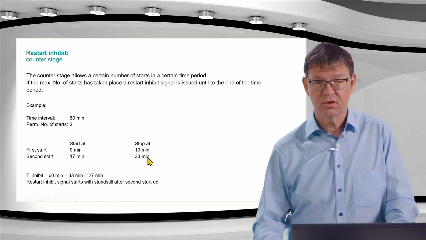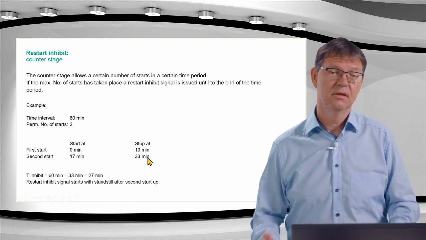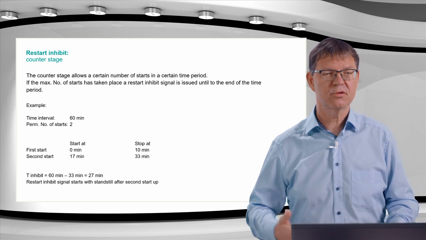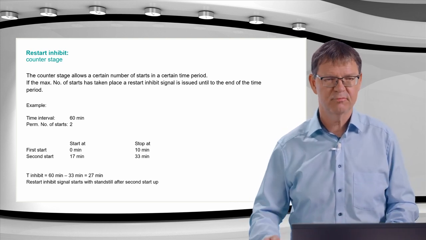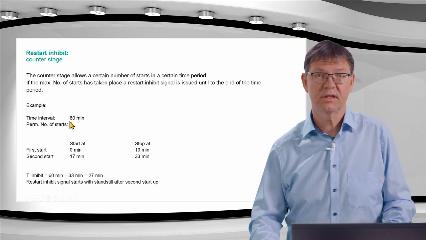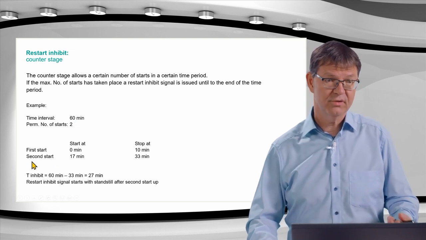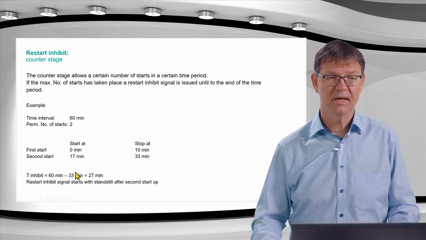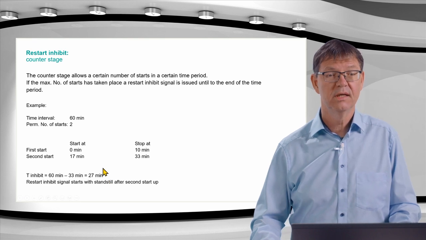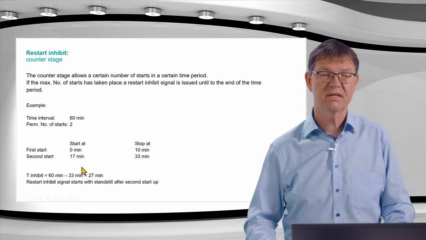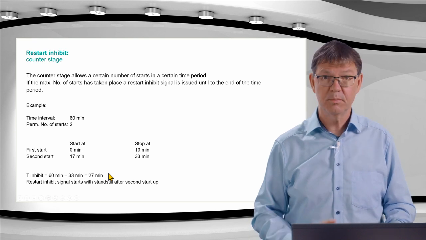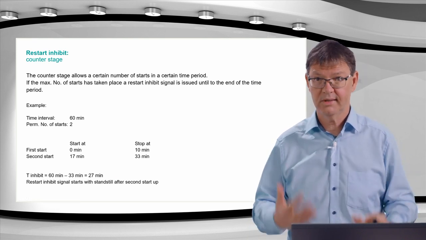After the second stop, there must be a blocking signal because the 2 starts have been performed, but the 60 minutes are not yet over. So therefore the inhibit time is 60 minutes minus the 33 minutes. So after this shutdown of the motor, I will have 27 minutes of this restart inhibit timer here, which will block another startup.